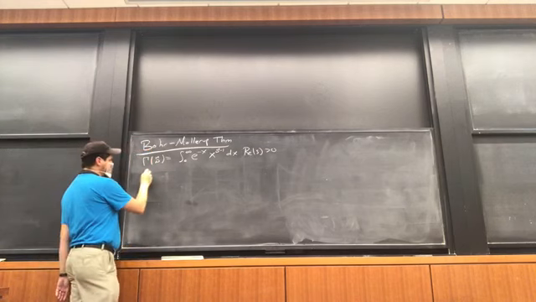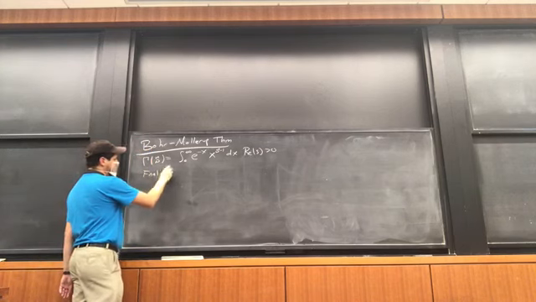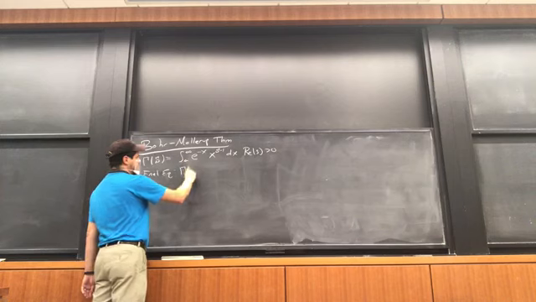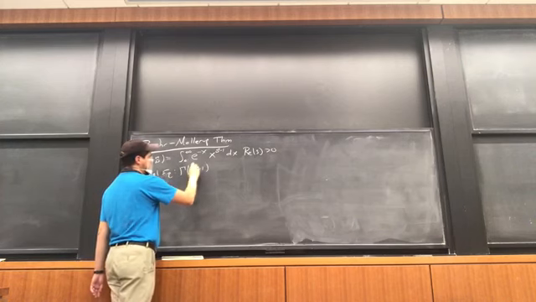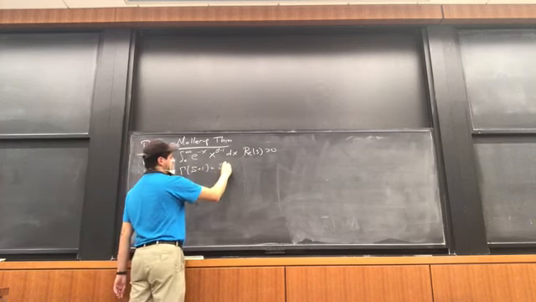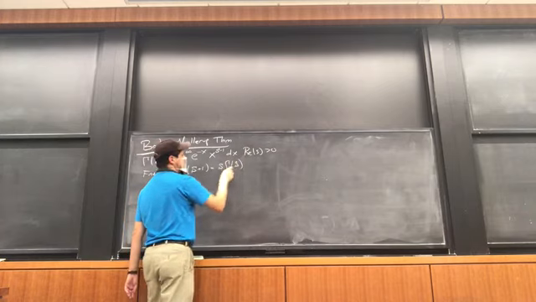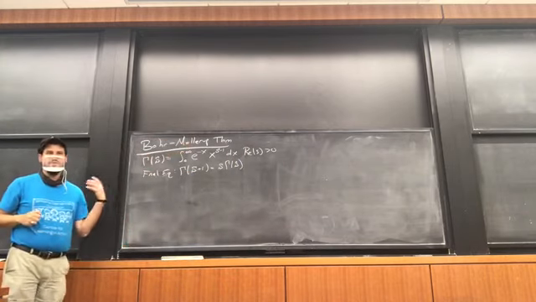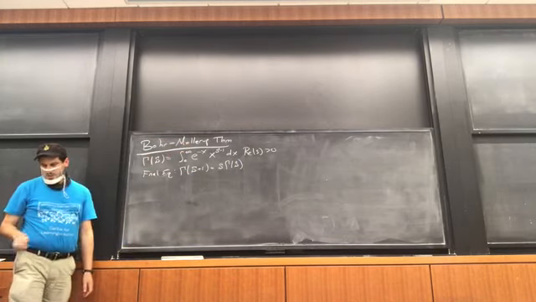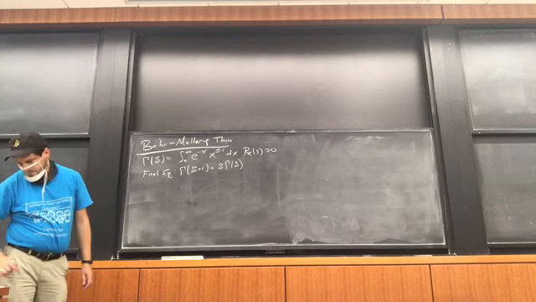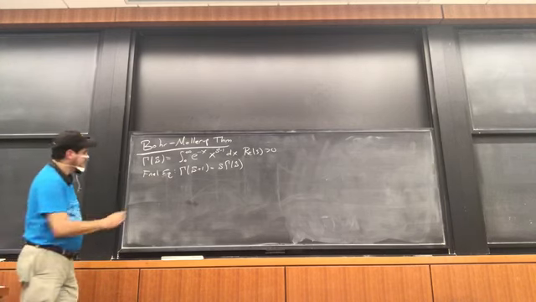It has a continuation, so it satisfies a functional equation: gamma of s plus 1 is s gamma of s. Knowing that, we can find its value everywhere. So what they proved is the following wonderful result.